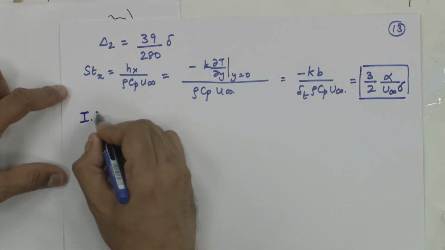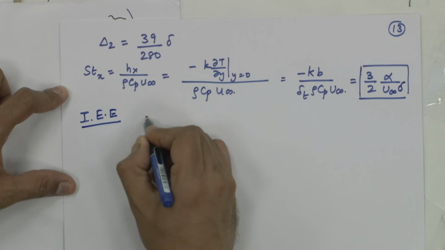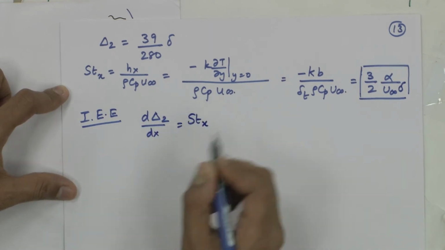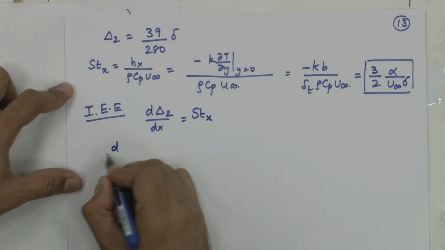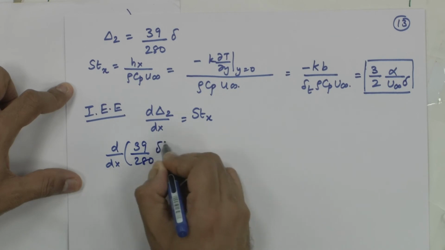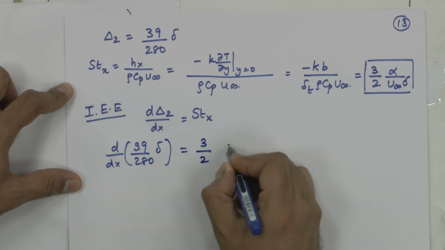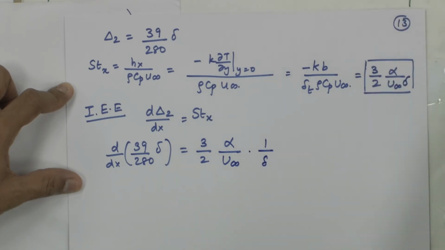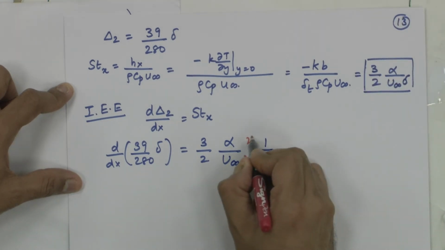So, the integrated energy equation, which is d delta 2 by dx is equal to Stanton number, therefore becomes d by dx of 39 by 280 delta is equal to 3 by 2 alpha by u infinity 1 over delta. I multiply and divide by nu.